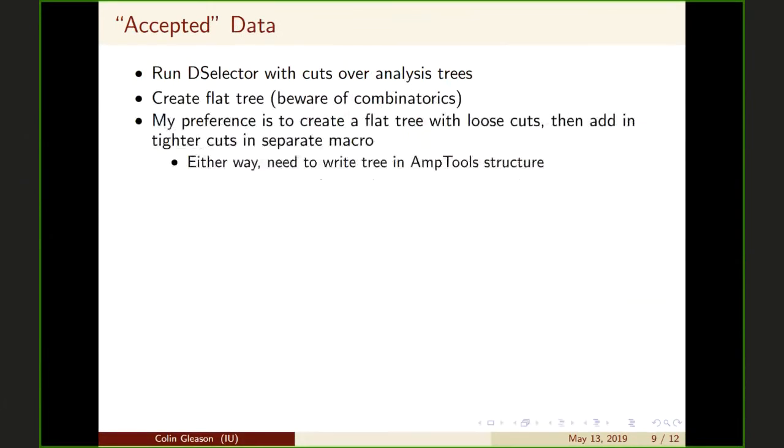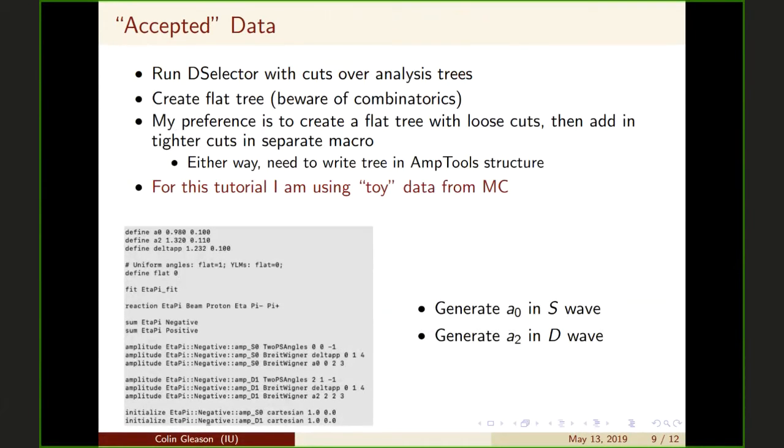Right, so this is the accepted Monte Carlo. So how do you get the data? Here is how you would get the data if you're using real data. You would run the DSelector over analysis trees, make this flat AmpTools file, and pass it into AmpTools.